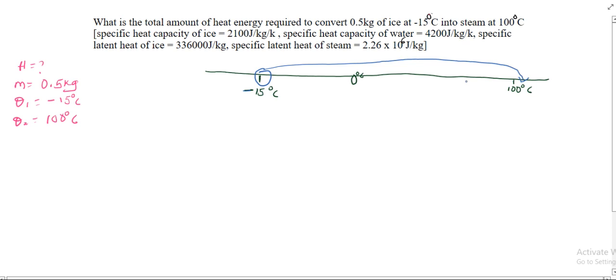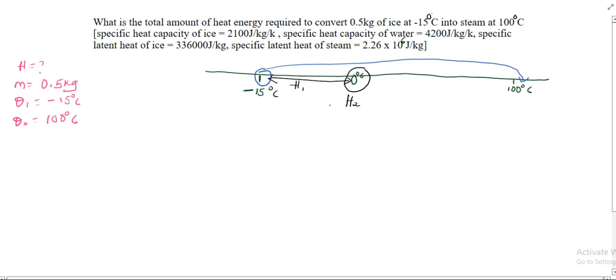And how are we breaking it bit by bit? We will first calculate the heat energy required to take it from minus 15 up till 0 degrees Celsius, that's our heat energy 1. After that, calculate the heat energy required to melt the ice at 0 degrees Celsius, so we have our heat energy 2.